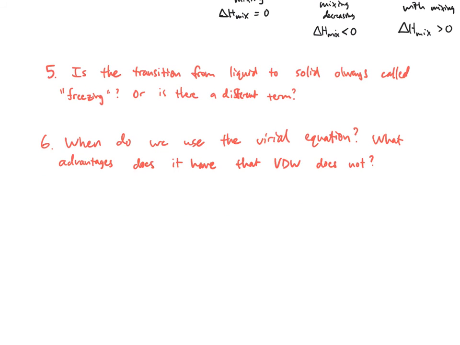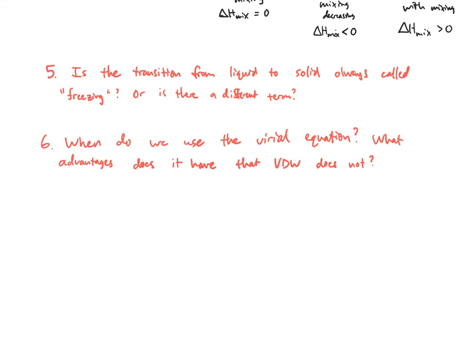Okay, here's the last question I'm going to answer tonight. This is from Nick. He asked, when do we use the virial equation of state? What advantages does it have that the van der Waals equation of state does not? Well, I don't know if I can give you a specific answer to when you would always use the virial equation, though you would probably resort to the virial equation if you found out that the van der Waals equation was not sufficient.